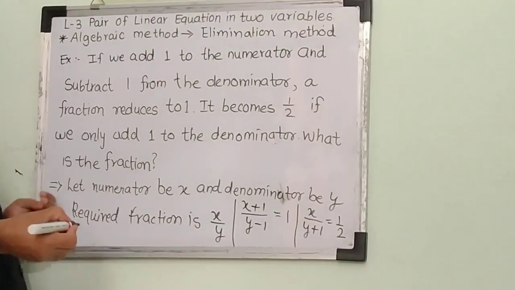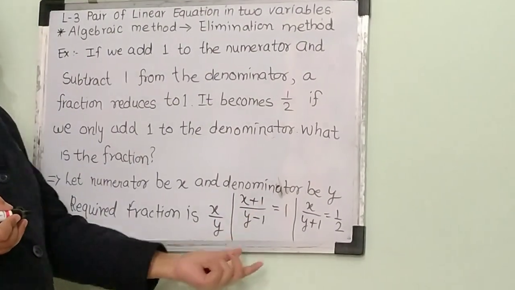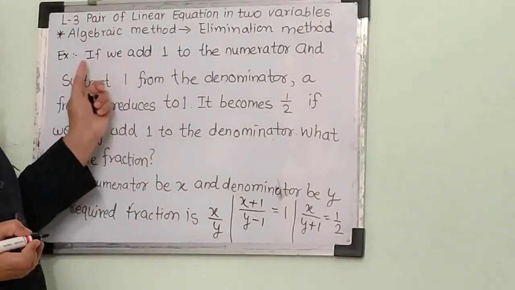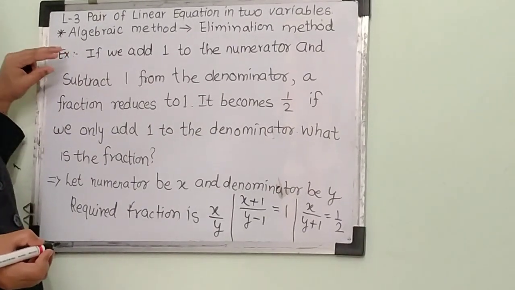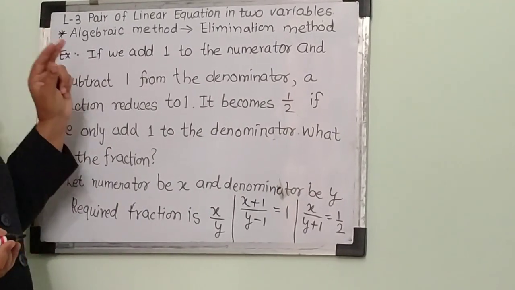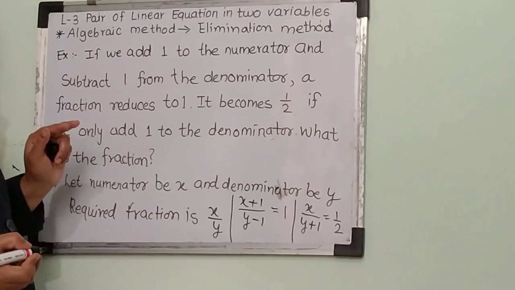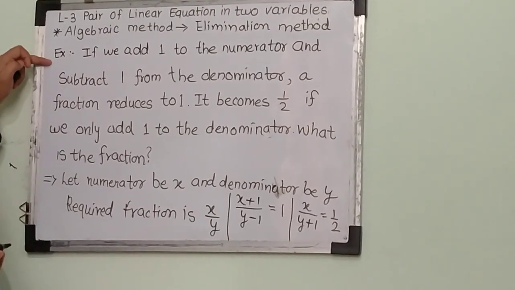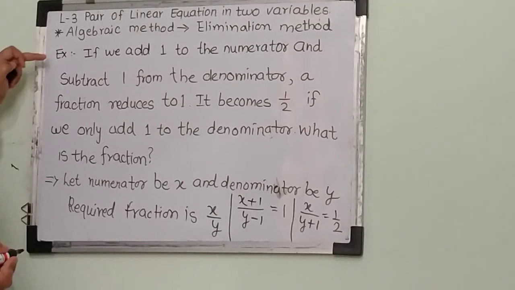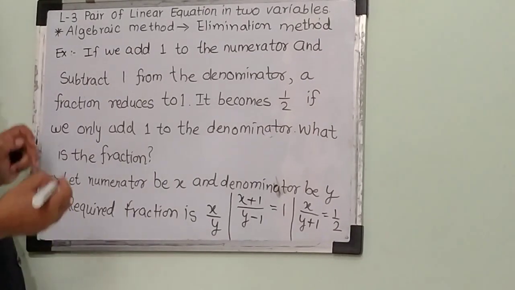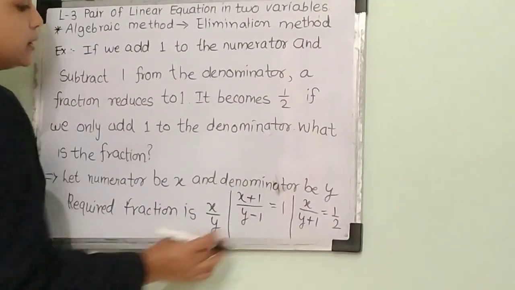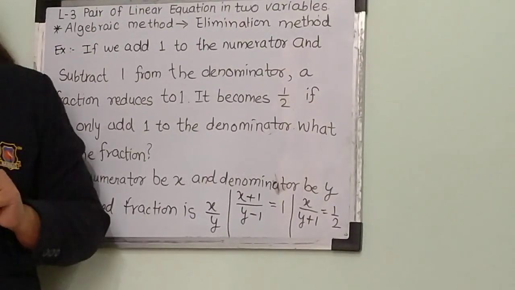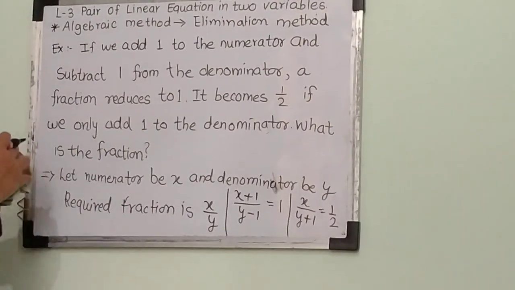So these are the two conditions we get from this word problem. When you are given word problems, we have to read the question carefully. Now we are going to form two simultaneous linear equations from these two conditions.